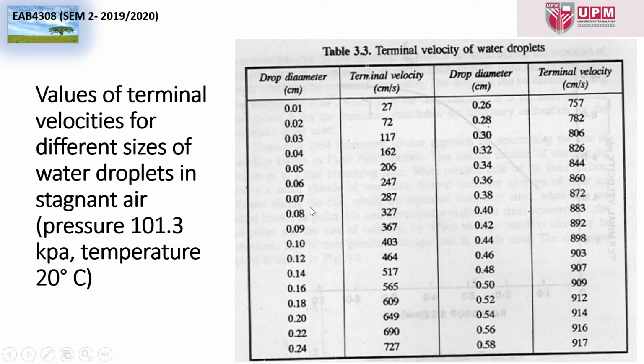The values of terminal velocity for different sizes of water droplets in stagnant air are also shown in this table. If you have a drop diameter of 0.01, then the terminal velocity will be 27 centimeter per second. As the drop diameter goes higher, the terminal velocity will be higher. This drop diameter is only until 0.58.